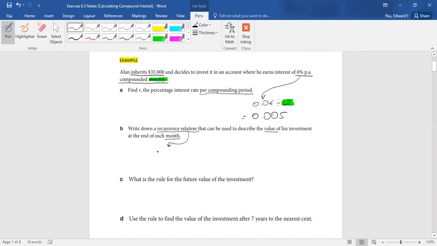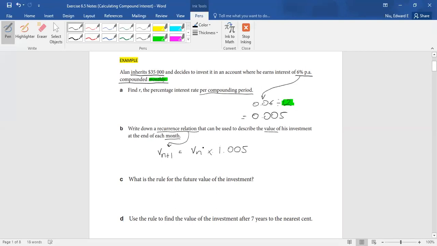So what we have here is V(n+1), because that's saying the next month's value, or the next period's value, is going to be the previous period's value times 1.005, because whenever we deal with compound interest, we always have to tack a 1 in front of our adjusted interest rate.